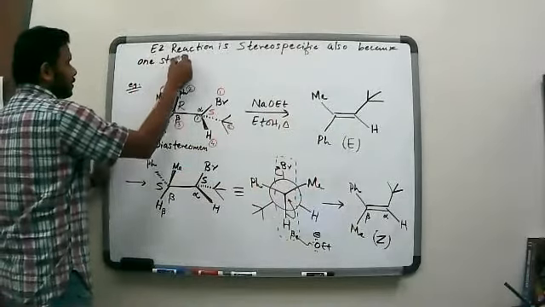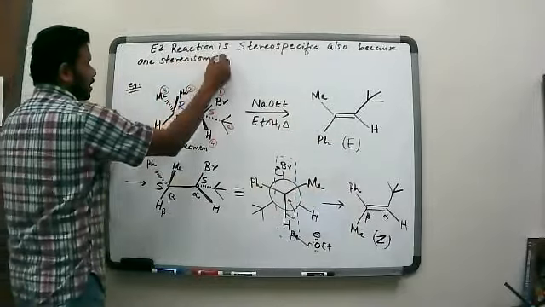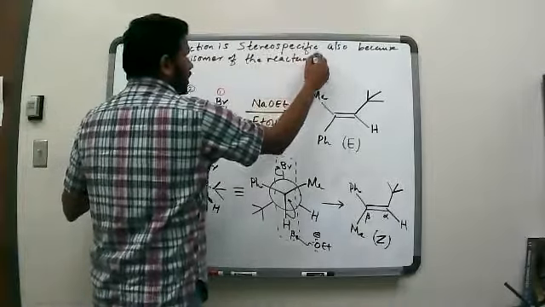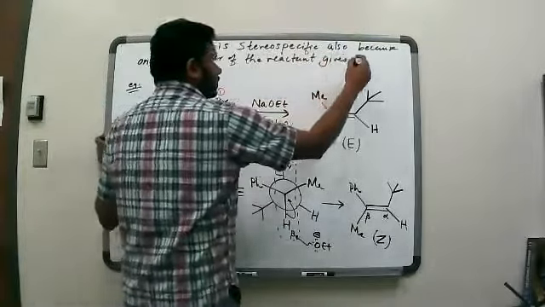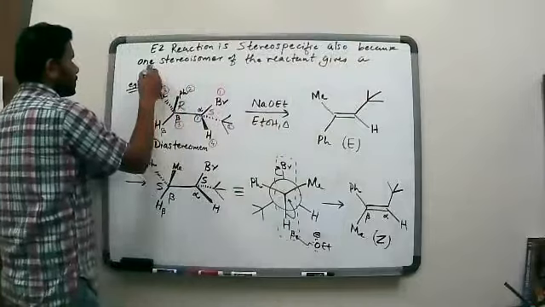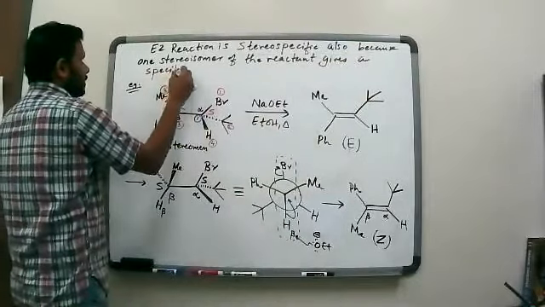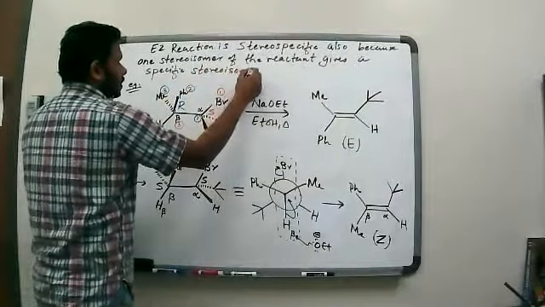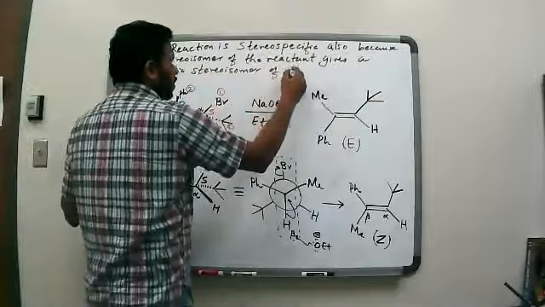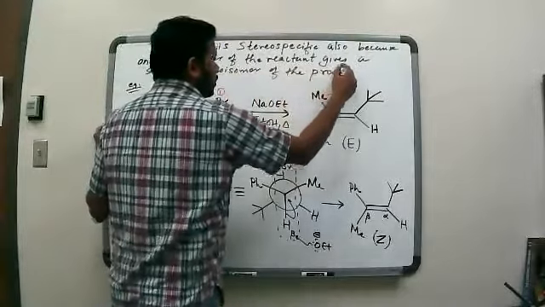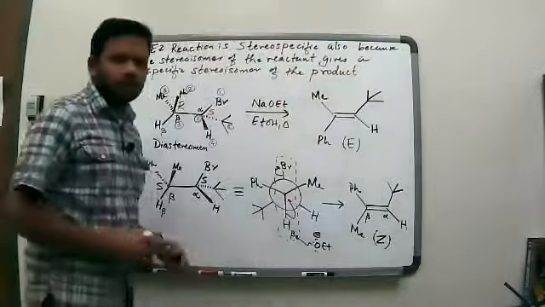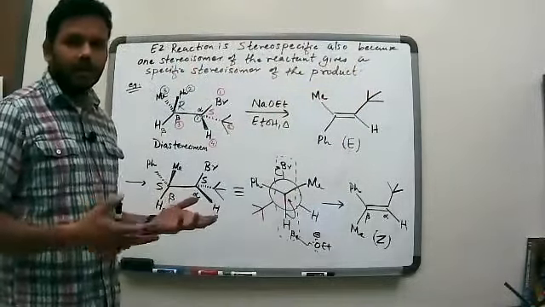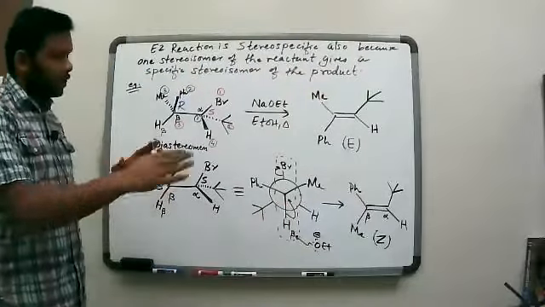So because one stereoisomer of the reactant gives a specific stereoisomer of the product, they will never cross.